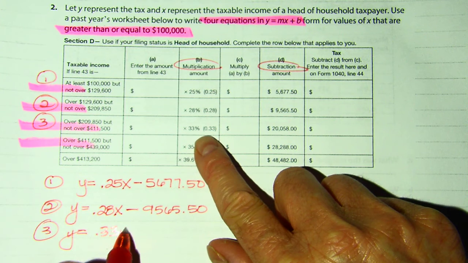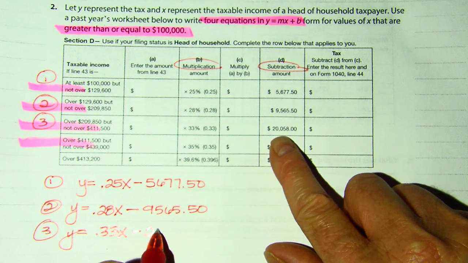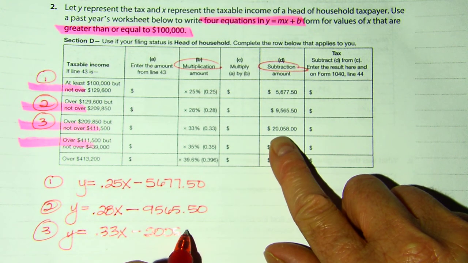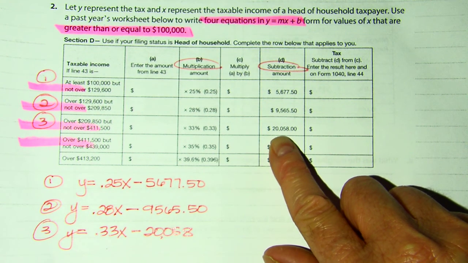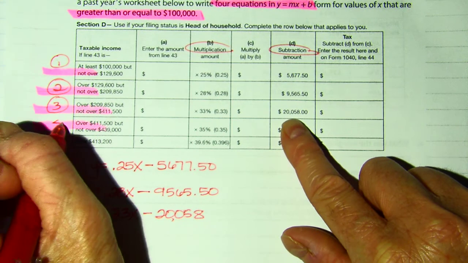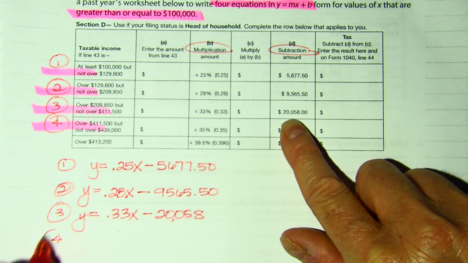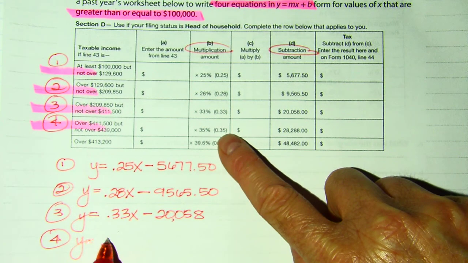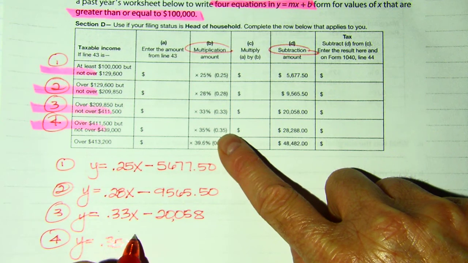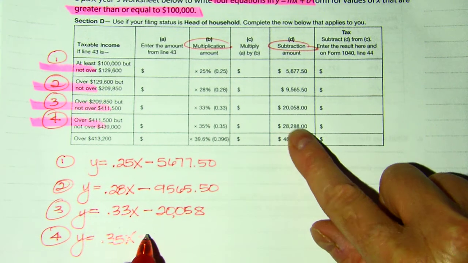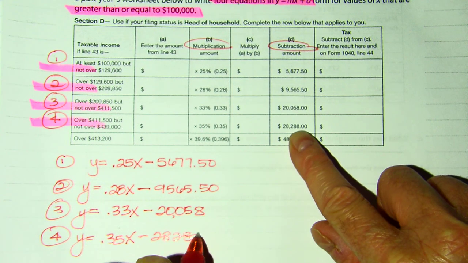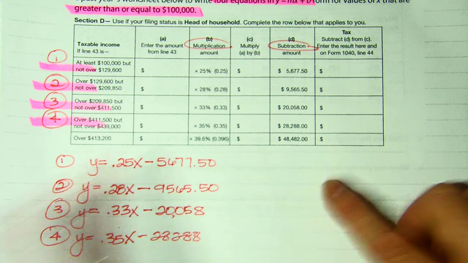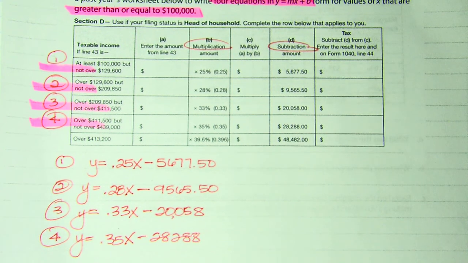So now 33% minus 20,058. And last one. So this time 0.35, I'm multiplying that by my income, and then I'm subtracting 28,288. And it said to only do 4, so that's why I only have 4 written. All right, so the next one.